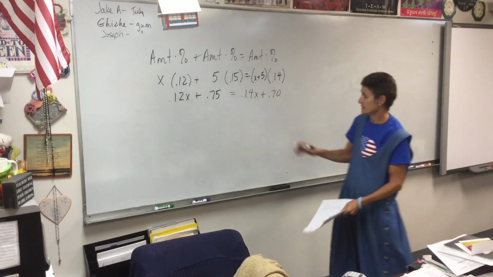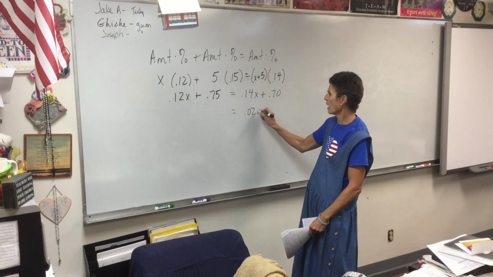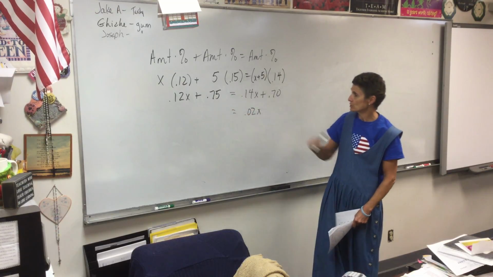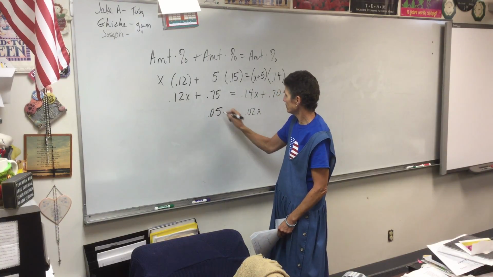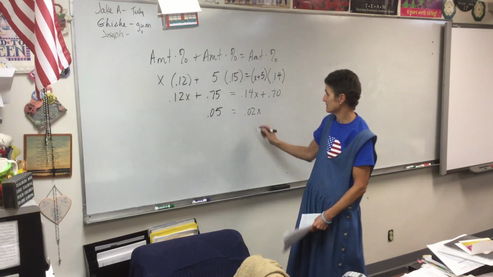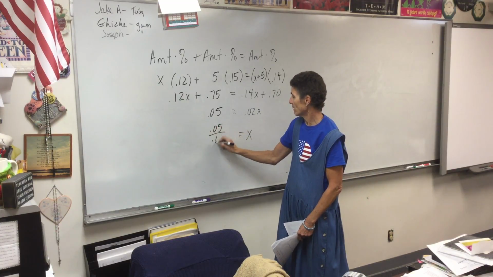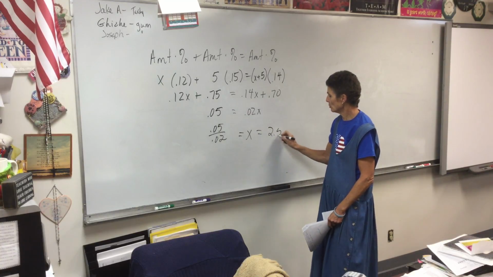Okay, so let's see what we end up with. Over here, if I move this over it's 0.02x, watch it when you subtract. 0.14 minus 0.12 is going to be 0.02 equals 0.05 if I subtract my 70 from my 75. So X is going to be 0.05 divided by 0.02, which is 2.5.